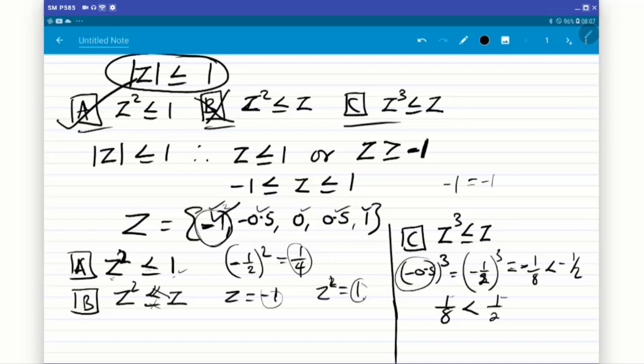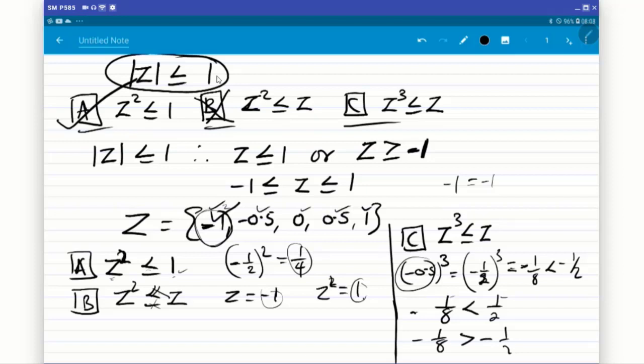Now, if 1 over 8 is less than 1 over 2 as positive numbers, when they become negative, the bigger one now becomes the smaller, and the smaller becomes the bigger. So the smaller when they are positive becomes the bigger when they are negative. So in that case, if you bring the minus, then minus 1 over 8 must be greater than minus 1 over 2.